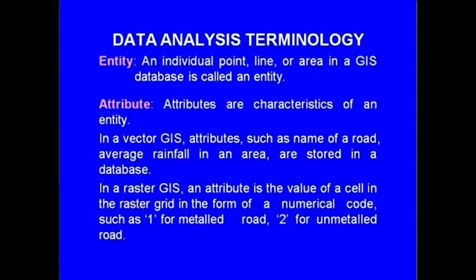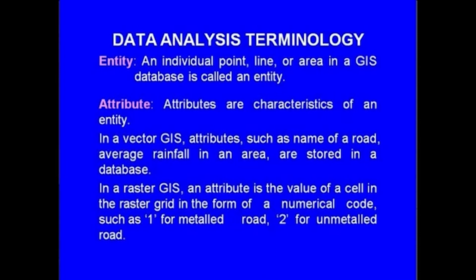First is entity. An individual point, line or area in a GIS database is called an entity. Attributes. Attributes are characteristics of an entity. In vector GIS, attributes such as name of a road, average rainfall in an area are stored in a database.